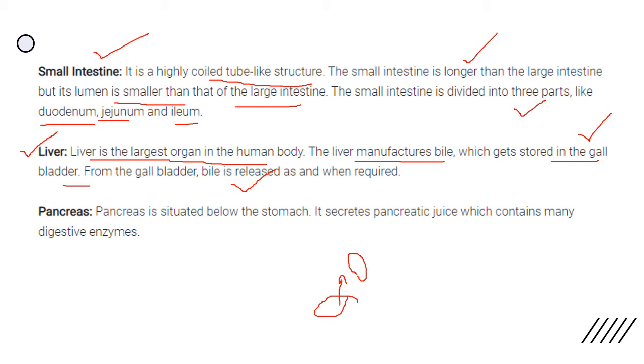Bile is released when it is required, into the small intestine. In the same way, the pancreas is situated just below the stomach and secretes pancreatic juice, which contains many digestive enzymes, and these are again transferred to the small intestine.